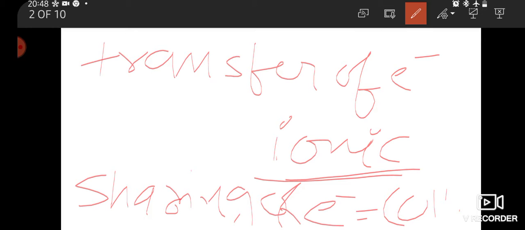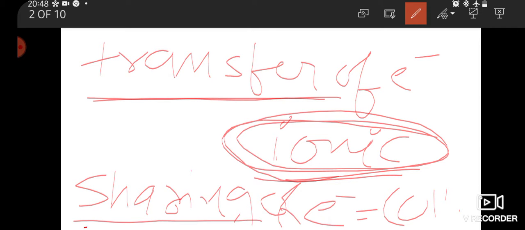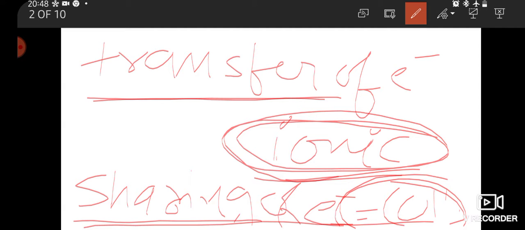Again, when there is transfer of electrons, an ionic bond forms, and when there is sharing of electrons, it is a covalent bond.